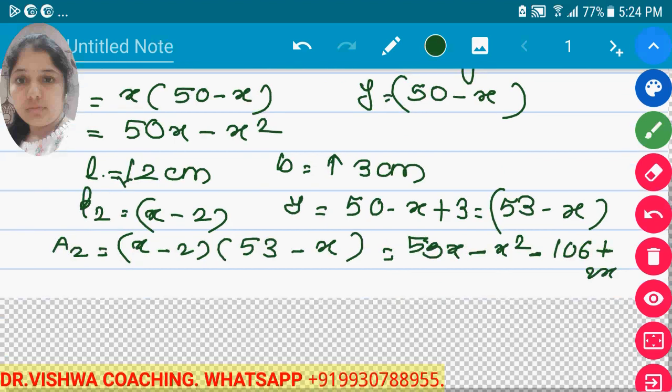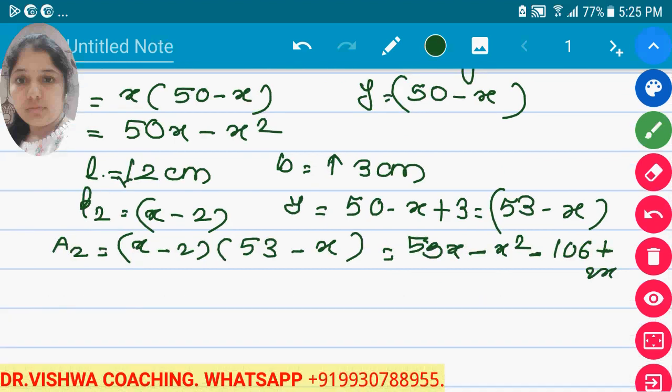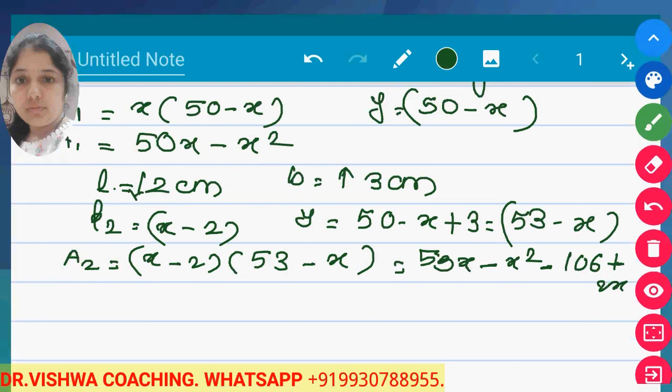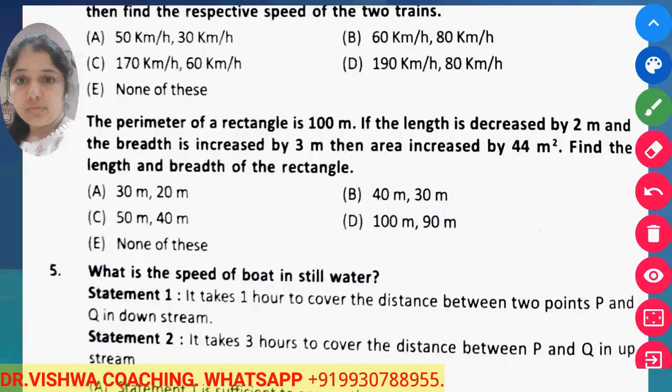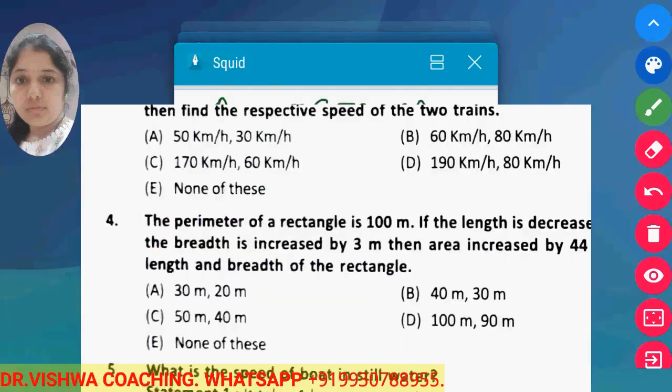Now there is a difference in both the areas. If we increase the breadth and if we decrease the length, then the area is increased by 44 meters square.